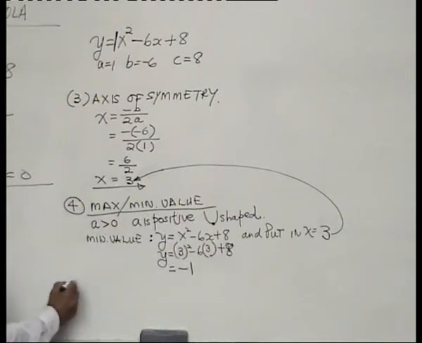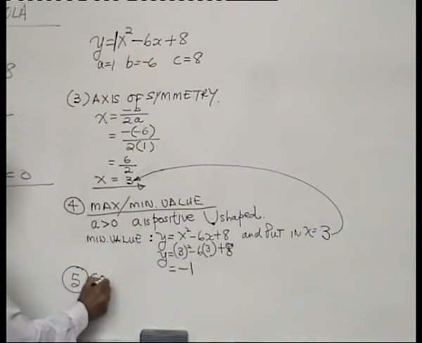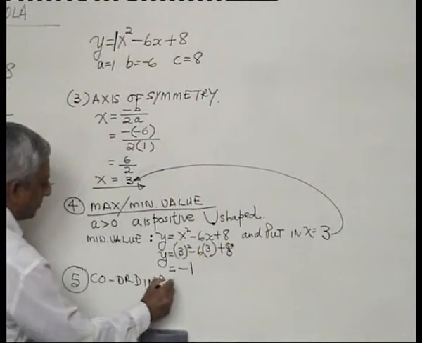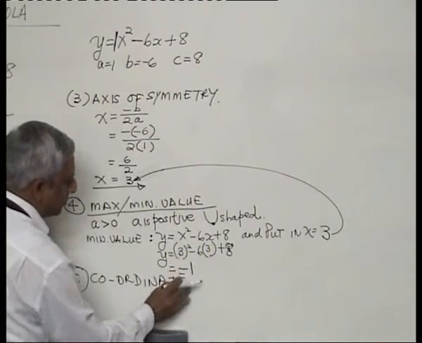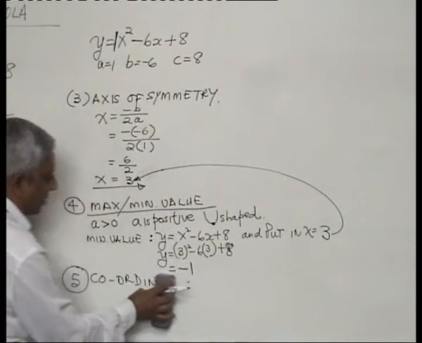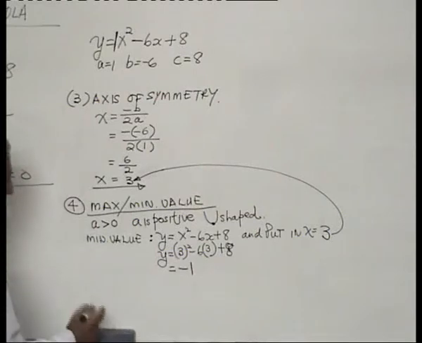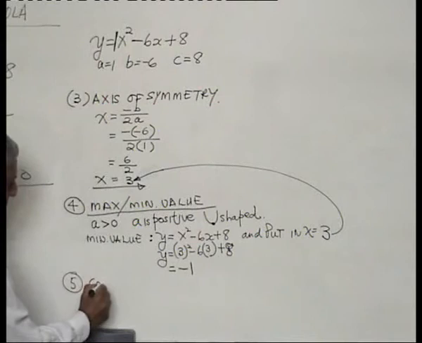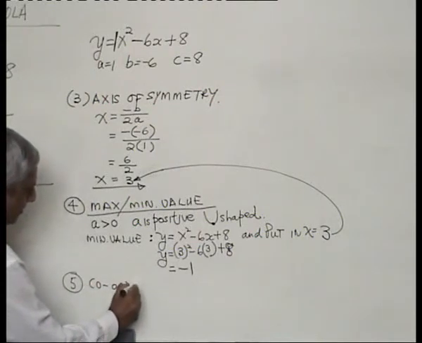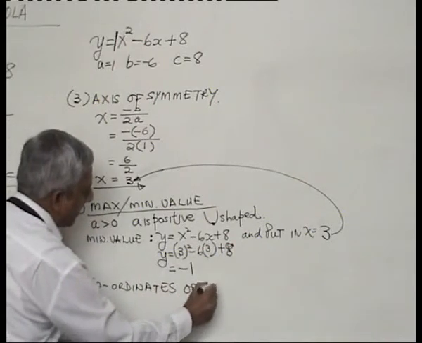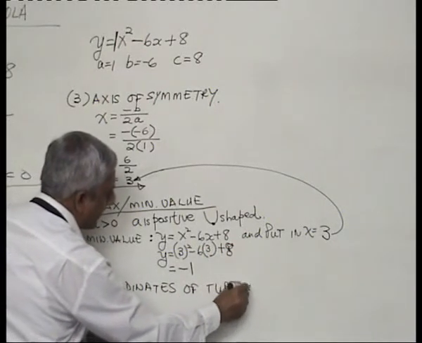Right, and finally, the last step, step number 5, we want to find the coordinates of the turning point.